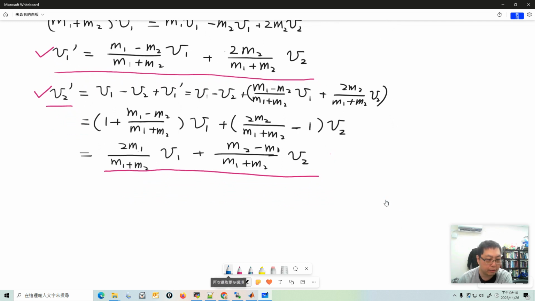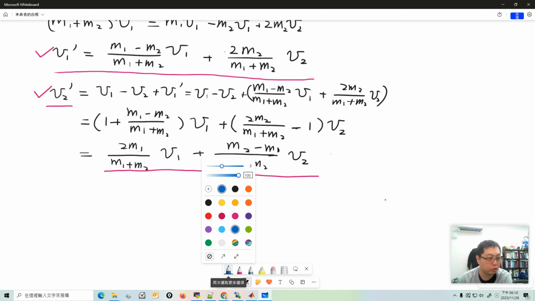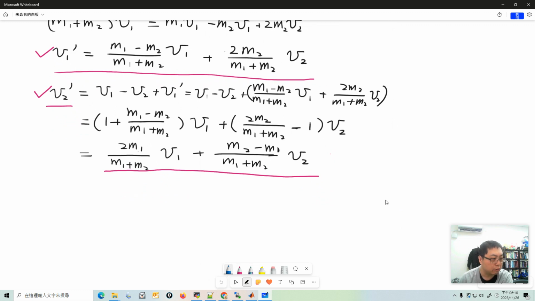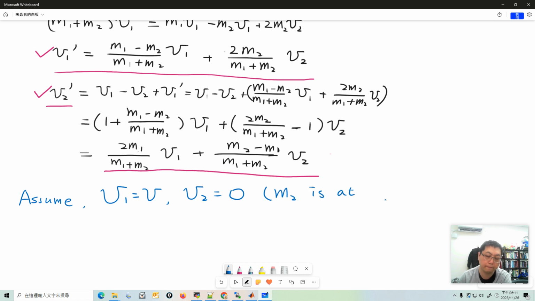So for the discussion, we make the case much simpler. Suppose we assume that before the collision, v1 is equal to v and v2 is equal to 0. That means before the collision, m2 is at rest and m1 is moving.